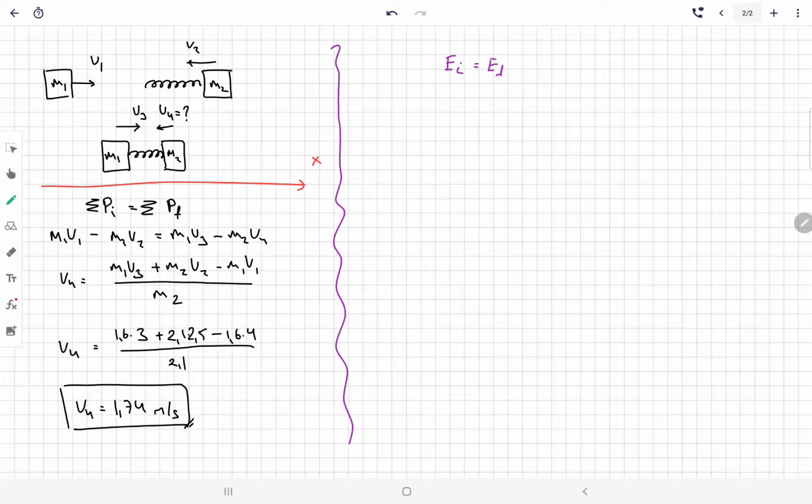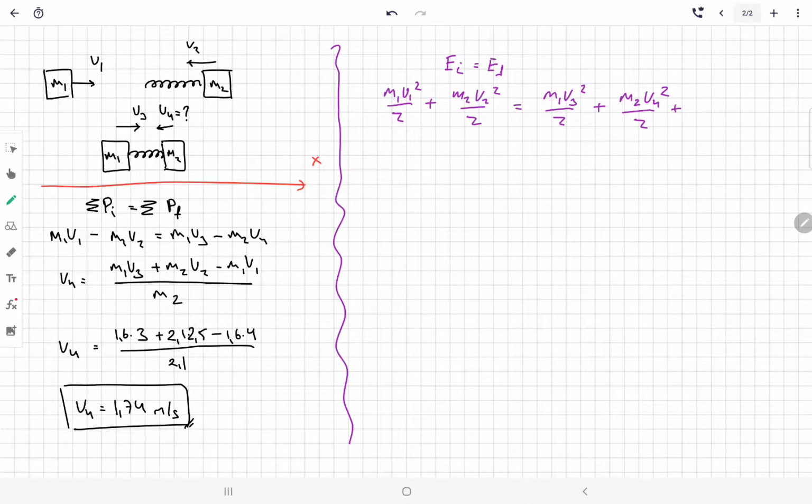Initially both blocks are moving, which means we have two kinetic energies, and this is the total energy of the system before collision. After collision, at the instant when they are moving with velocities 3 and 1.74, we have again the kinetic energy of the two blocks.